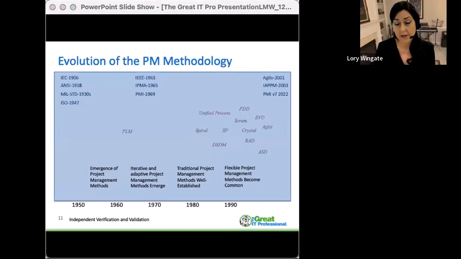Not only is the project's location in the life cycle a must-know item, we also need to understand the project management methodology or methodologies that are being used on a project. Now, over the decades, the PM methodology has evolved from traditional waterfall-based methods to include highly flexible methods that embrace change and require constant customer interactions. We've even evolved to the point where projects can implement multiple project management methodologies within the one project.